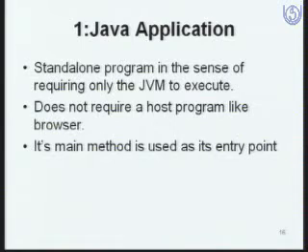They do not require any other host program, like a browser, to help them execute. We need only the JVM. It has a main method which is used as its entry point.